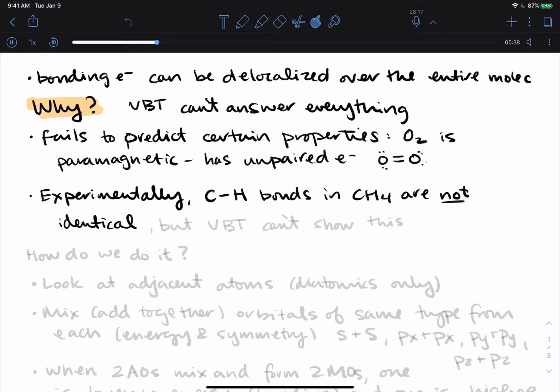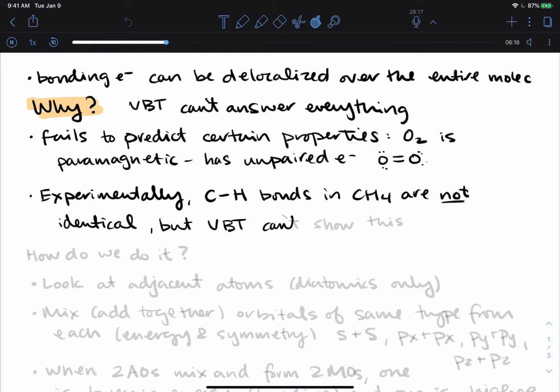So they had to be made with the same types of orbitals because the experiment was telling us that they had the same energy. Well, now the experiment is telling us it doesn't match for CH4 the type of picture that we drew in valence bond theory. Right? In valence bond theory, we had the same type of orbital on carbon overlapping with hydrogen's 1s, but the experiment says it's not so. So it's not identical, but valence bond theory doesn't have the ability to show this.